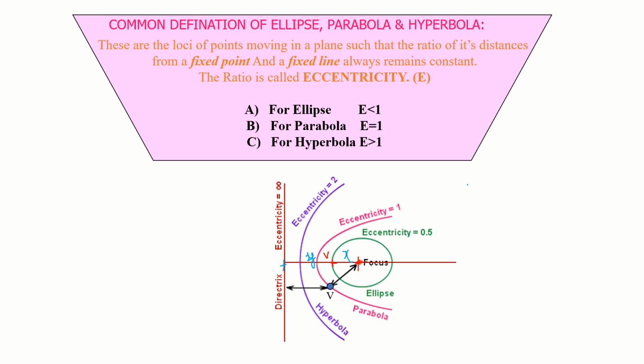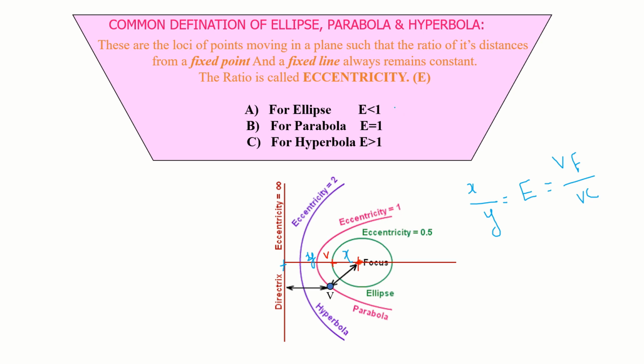The ratio between x and y is called eccentricity E, or Vf by Vc. So the distance between the vertex to focus divided by the vertex to directrix. This is the eccentricity.